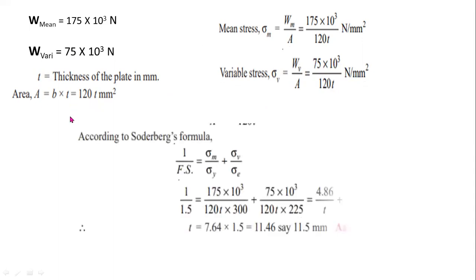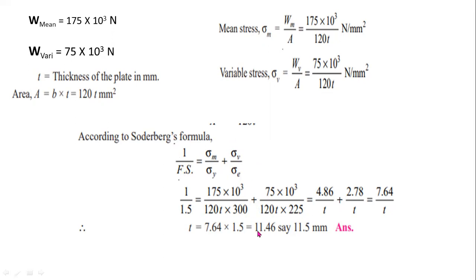From Soderberg or Goodman's, we can find out the value of T. According to Soderberg's formula, 1 by Fs equals sigma m by sigma y plus sigma v by sigma e. That is the formula for Soderberg. Substitute the values of sigma m, sigma y, sigma v, and sigma e.